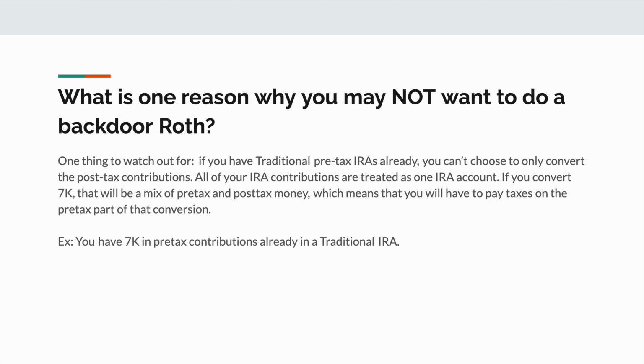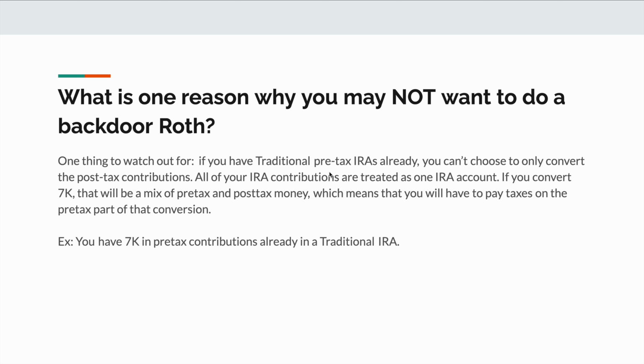Okay, there is one reason why you might not want to do this, and you have to watch out for how many other pre-tax traditional IRAs you have. Because if you have another pre-tax IRA, you can't choose to just convert the post-tax contributions into the Roth IRA.